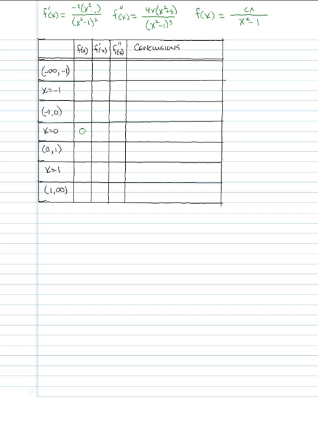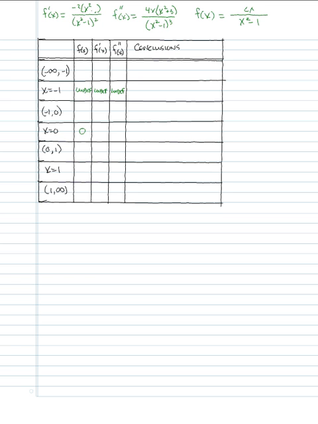Now, when x is negative 1, of course, if we tried to put that into the function f, we would actually get negative 1 over 0, and that's undefined. So the function itself is not even defined, is it? And we happen to also, while we're here, remember that the first derivative was undefined there as well as the second derivative.